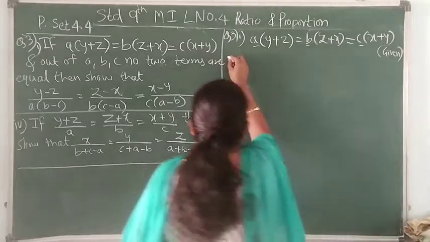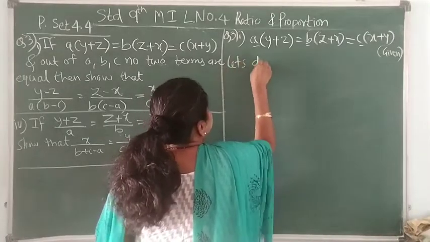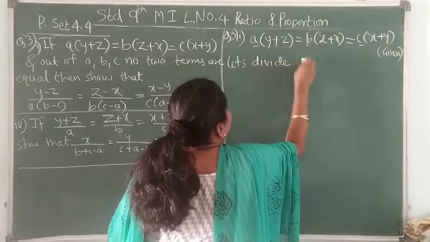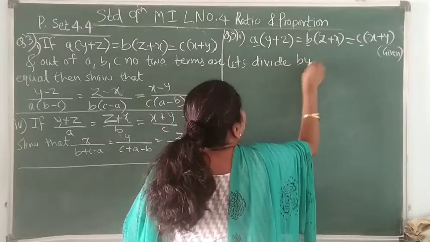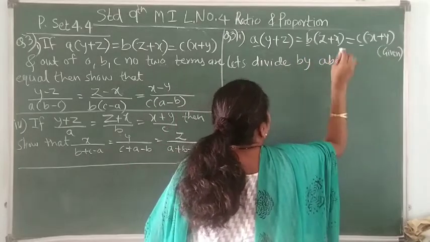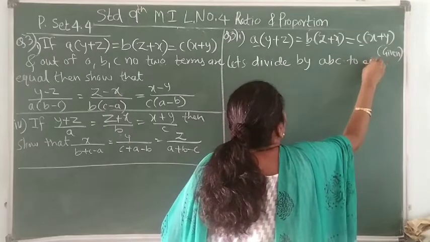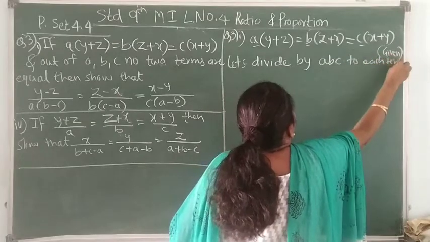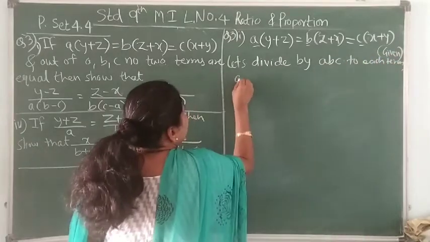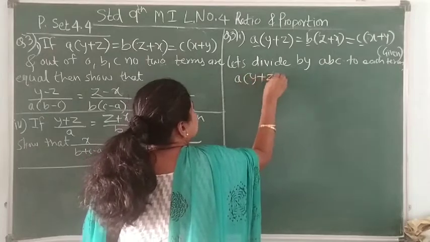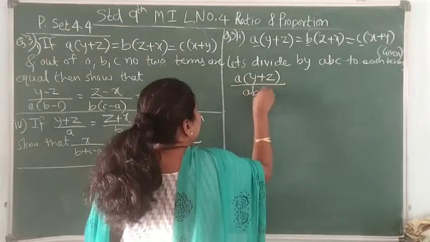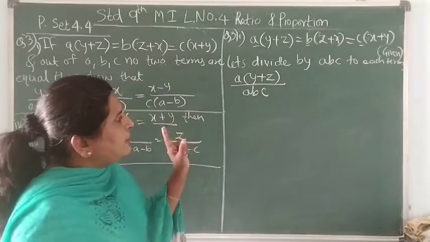So let's divide each term by ABC. Then what will we get? A(y + z)/ABC. Why are we dividing by ABC?